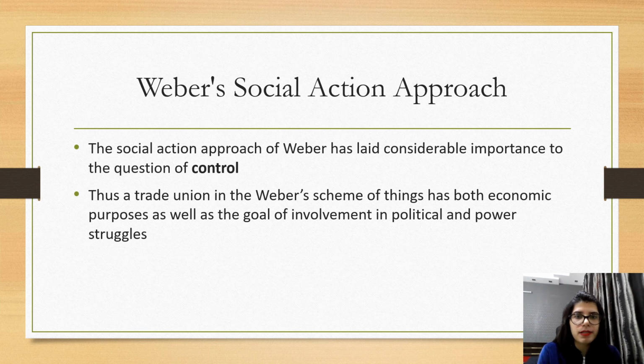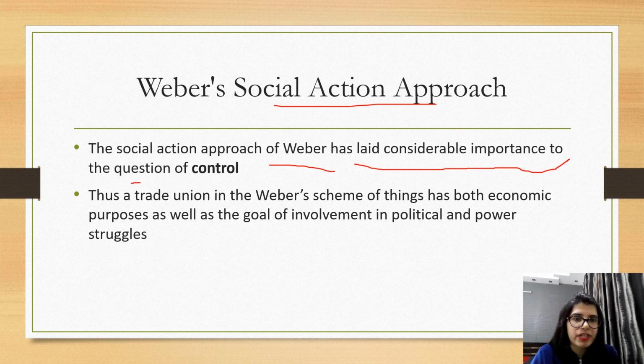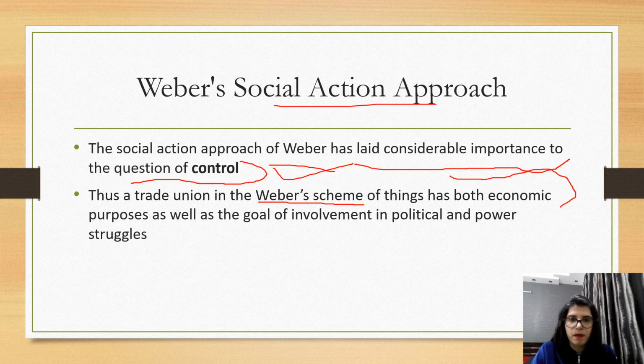Then comes the Weber's social action approach. अब देखिए social action. So the social action approach of Max Weber has laid considerable importance to the question of control. यहाँ पे कंट्रोल और पावर का बहुत रोल होता है इस अप्रोच में। So a lot of importance is given to gaining control and power in this approach. So thus a trade union in Weber's scheme, Weber has said that trade union not only fights for economic purposes but also to gain political power.